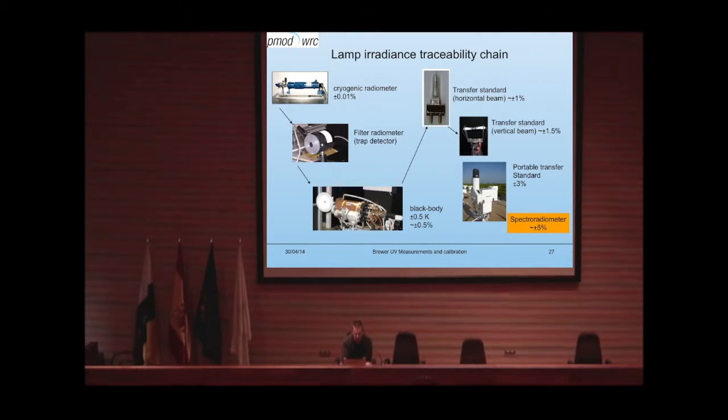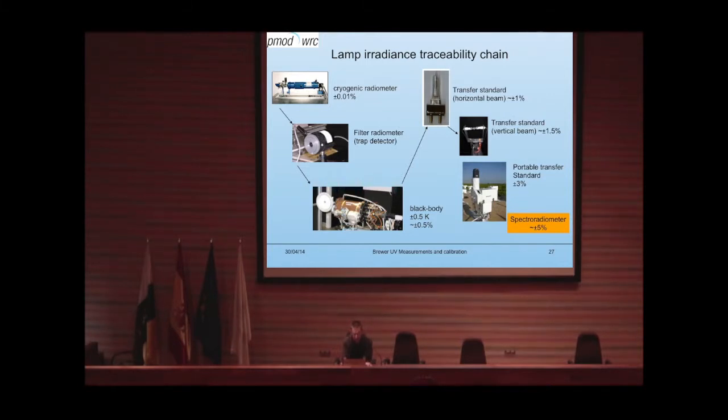And so for us Brewer users, we have this additional step that we need to go from this horizontal beam transfer to a vertical beam transfer, which we realize with the DXW lamp. All of that is happening in the laboratory, and now our instrument should be used outside in the sun.